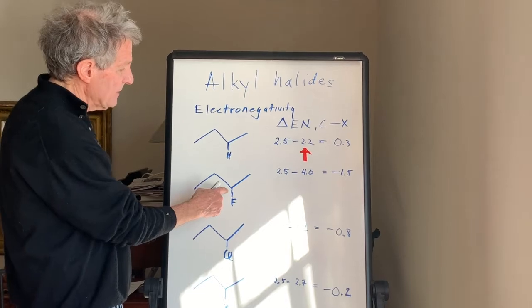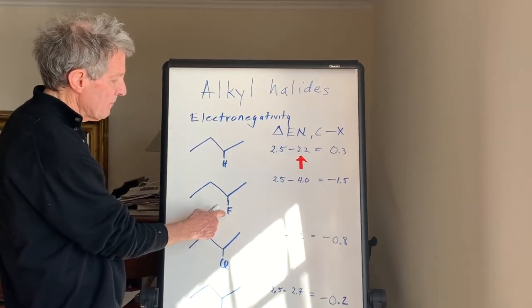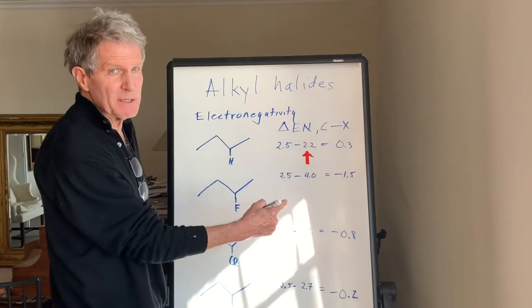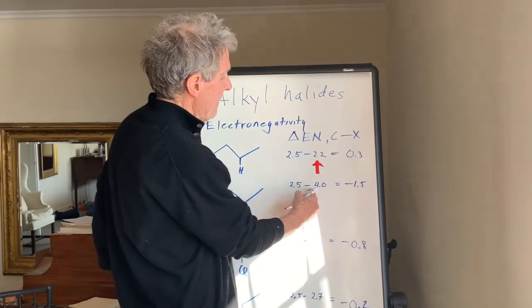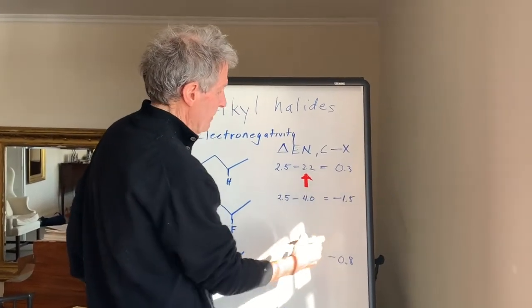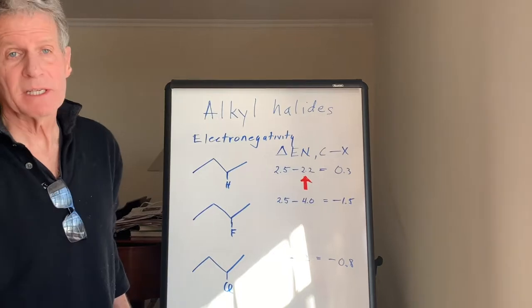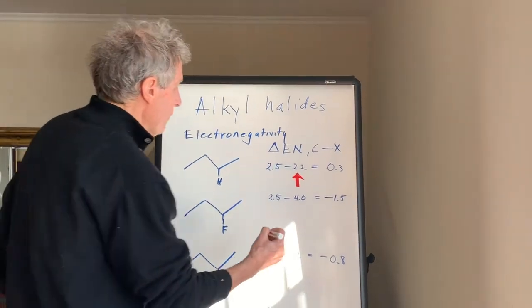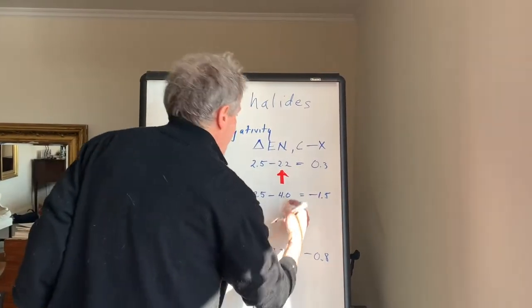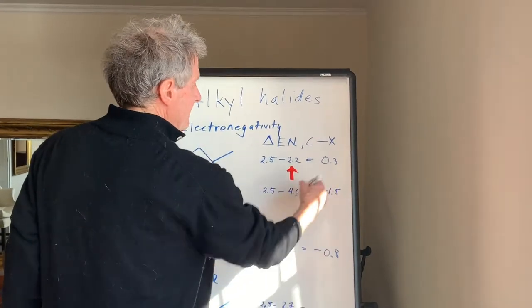Now, in contrast, the carbon to fluorine bond has an electronegativity difference of 2.5 minus 4, so it's minus 1.5. The electrons in the bond are drawn more to the fluorine. They're drawn in this way, and that's 5 times as long.